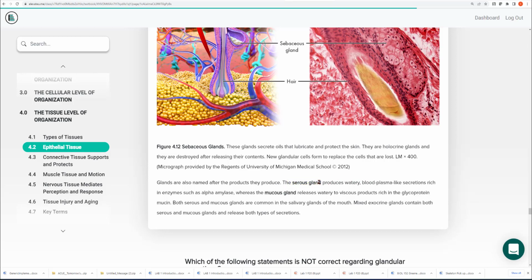Think of your serous membranes. Your serous membranes have a watery, lubricating fluid within them. The other kind of secretion is mucus. Think thick, viscous. When you wake up in the morning and you have a dry mouth, that mucousy sort of secretion.